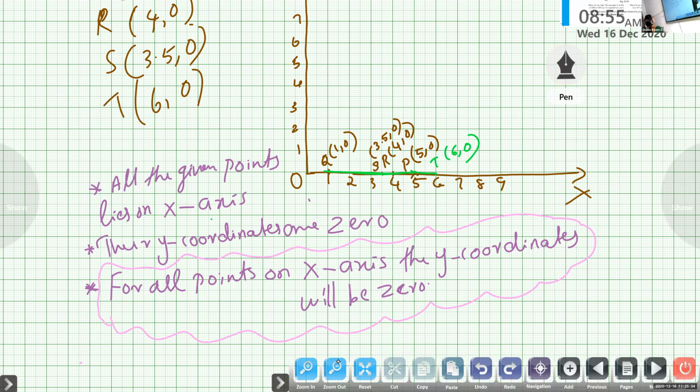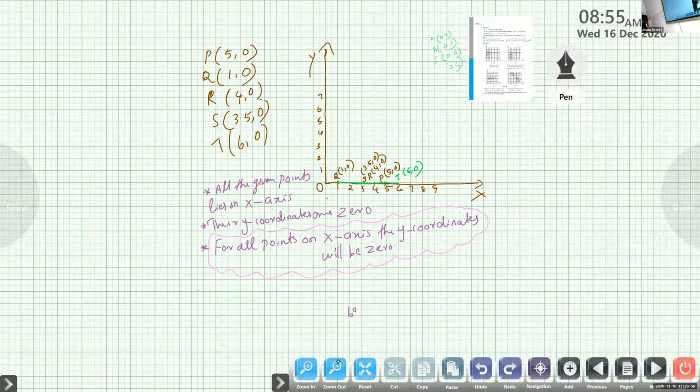My screen is coming only slow, it is stuck. If you want, I will read the points. P 5, 0; Q 1, 0; R 4, 0; S 3.5, 0; T 6, 0. Okay, ma'am.